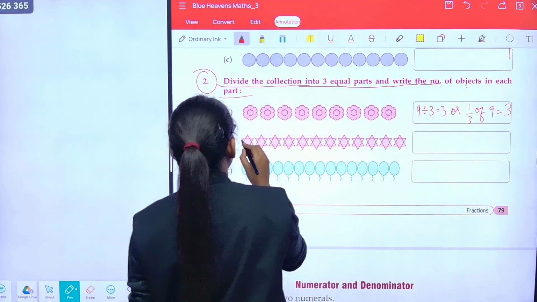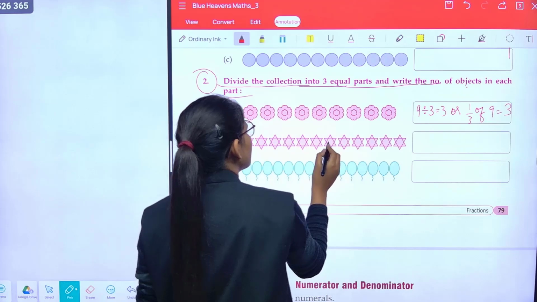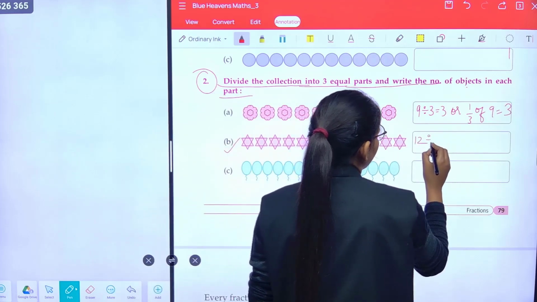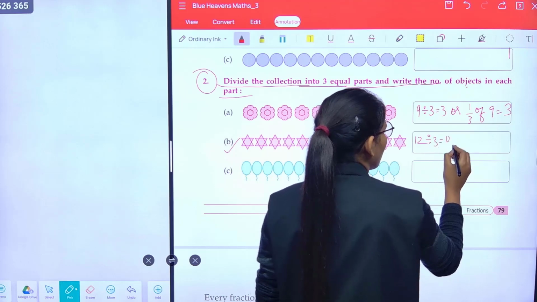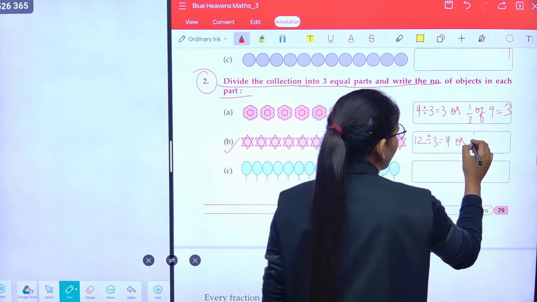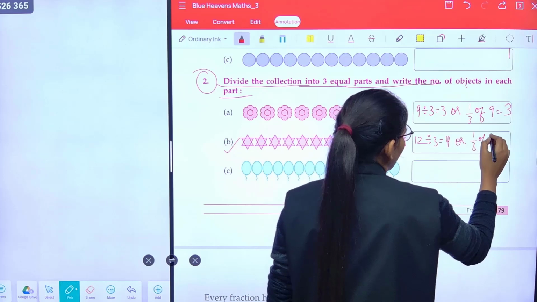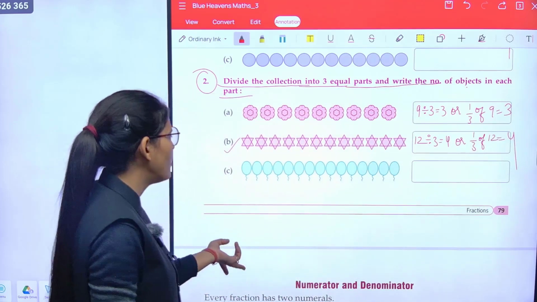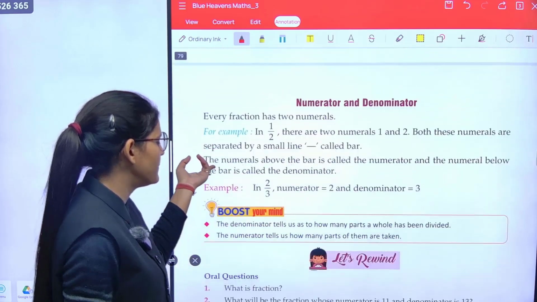Understand? Now part B: 1 to 12. 12 divided by 3 is equal to 4, or 1/3 of 12 is equal to 4. Understand class? I hope you all have understood very well.